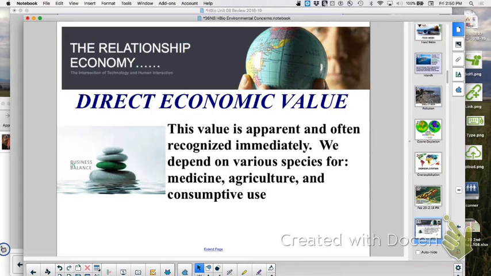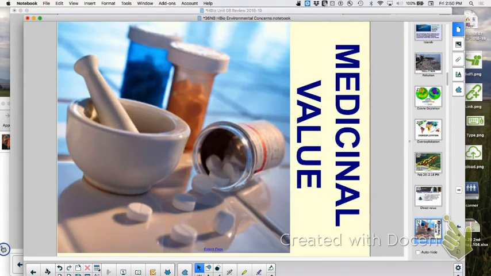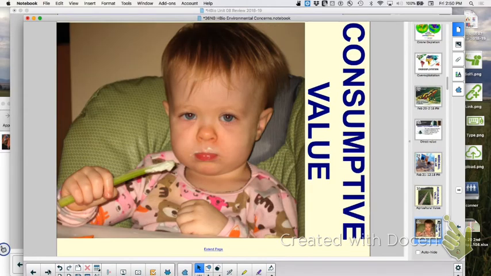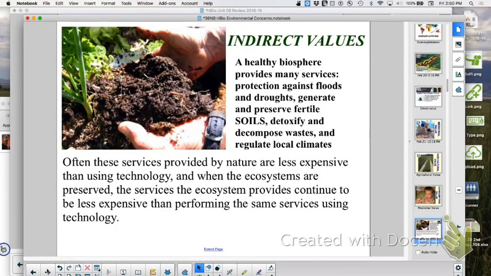Did you come up with medicinal value? Yeah, so you have medicinal value, and we talked about agricultural value, and we talked about consumptive value, right? Remember all of that? Okay, so then we talked about indirect values, things that you don't necessarily see. So how they're involved in, let's say, the different cycles, the water cycle, the carbon cycle.